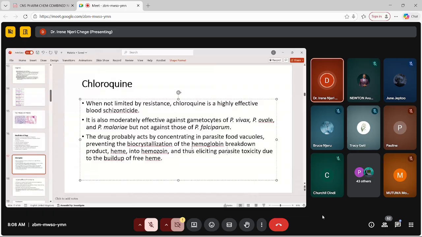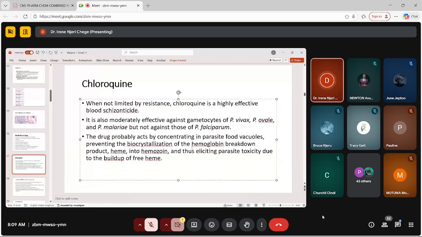So hemoglobin builds up, and the biocrystallization of hemoglobin makes the hemoglobin less toxic to the parasite. So by preventing biocrystallization of hemoglobin, it prevents the breakdown of hemoglobin into heme, and then this is what causes toxicity because of the buildup of free heme.